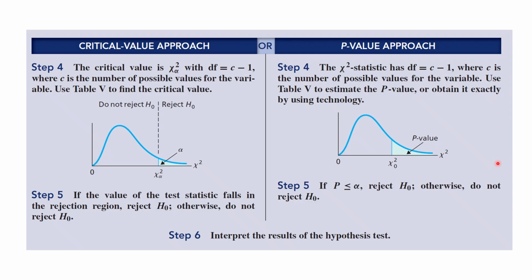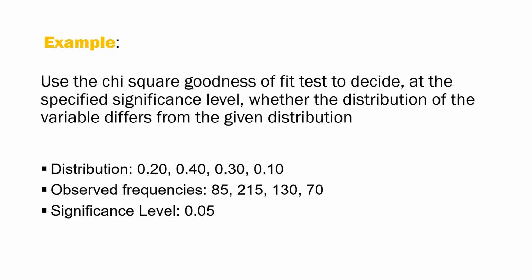So let's talk about the critical value approach a little bit more. It's the same kind of criteria where we're going to use our chi-square table. We're going to find the critical value, and then we're going to put our test statistic here and see if it falls in our non-rejection region or our rejection region. With the p-value approach, remember we're comparing the p-value that we get to our significance value that we decide.